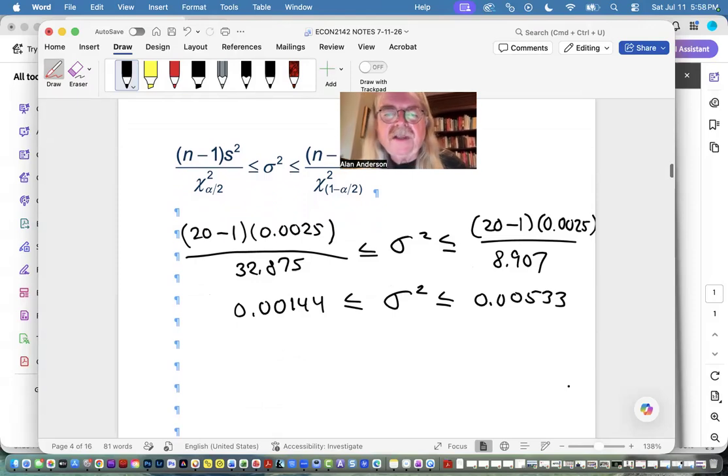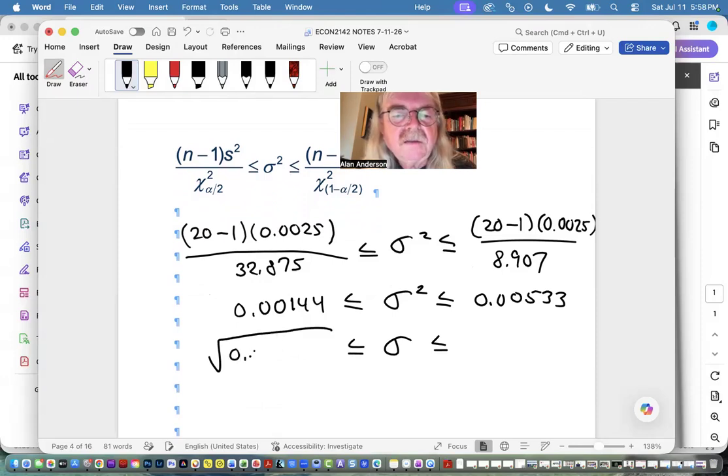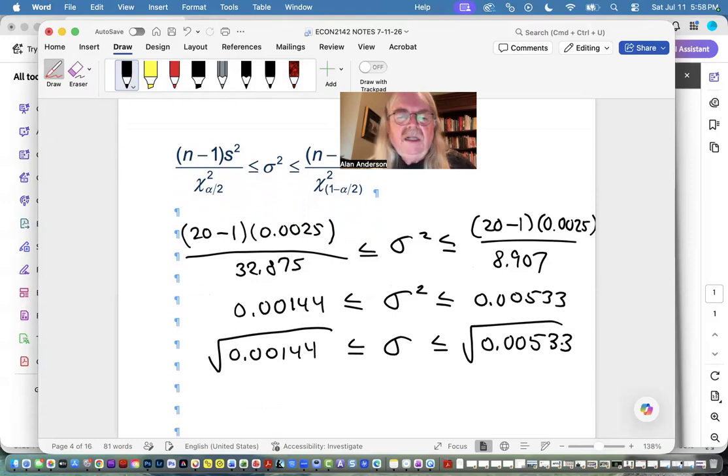So for the standard deviations, we simply take the square roots and let's see what that is.